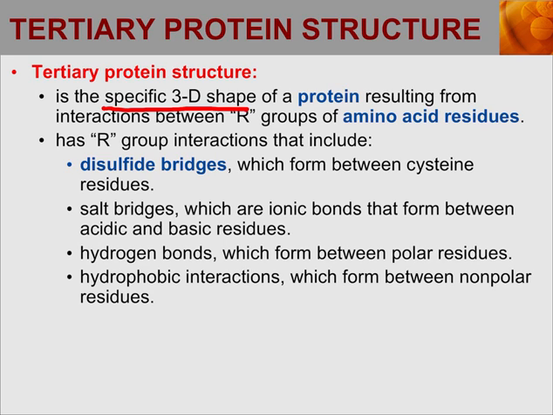So the types of interactions we could have are disulfide bridges between cysteine amino acid residues. And cysteine is the only amino acid that could form a disulfide bridge. And then we could have salt bridges, which are ionic bonds that form between acidic and basic residues.